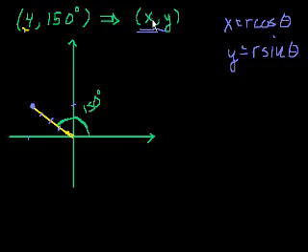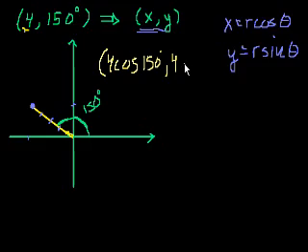So x is r cosine theta. r is 4, so it's 4 cosine of 150 degrees. And then y is r, which is 4, times sine of 150 degrees. And now we can get the calculator out.